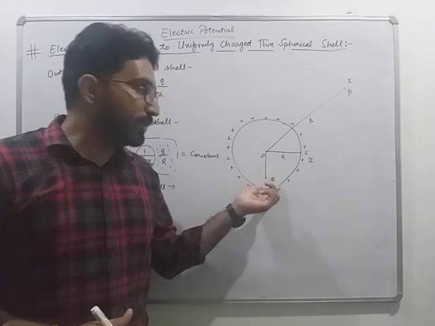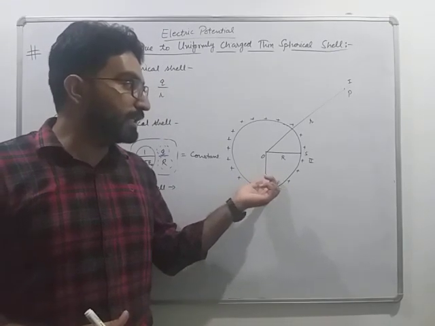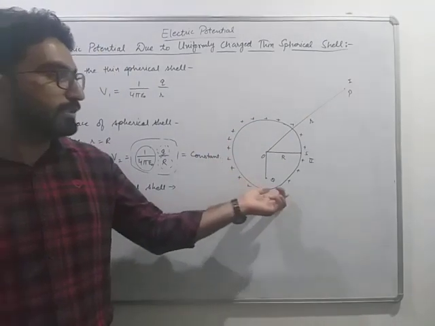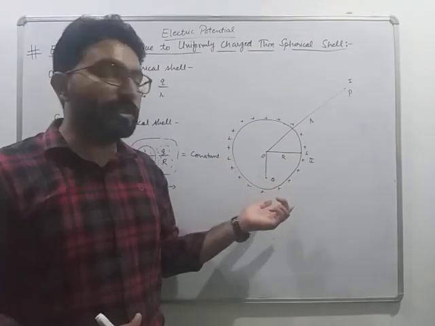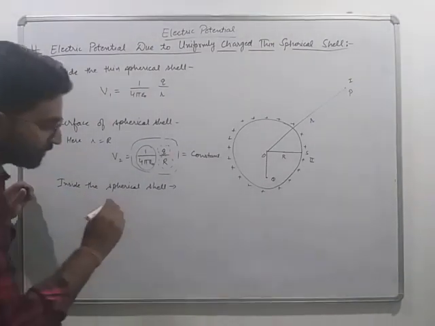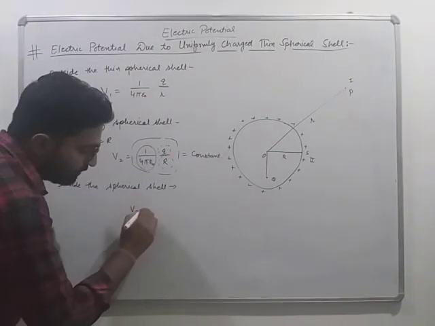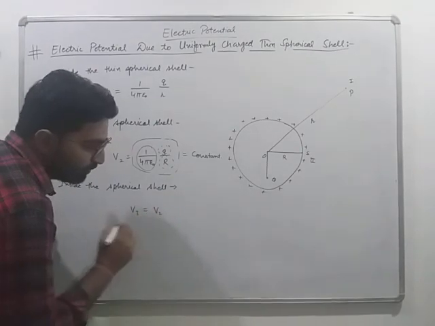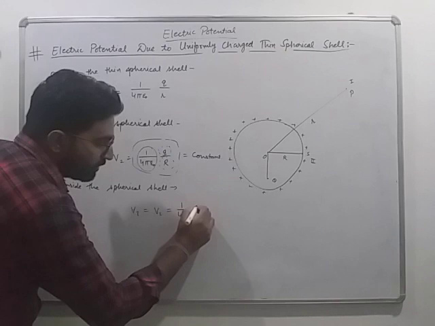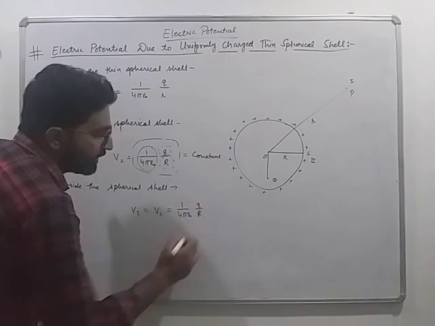Similarly, here at point Q, the electric potential is constant, and it will be equal to the same electric potential that lies on the surface of the thin spherical shell. So inside the spherical shell, the electric potential V3 will be equal to V2, equal to 1 by 4 pi epsilon naught q divided by capital R.